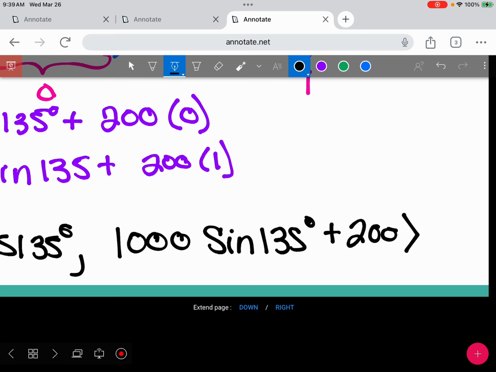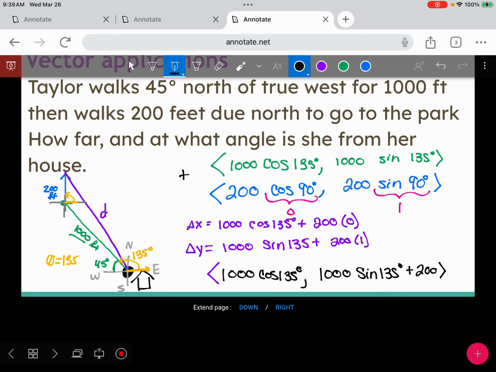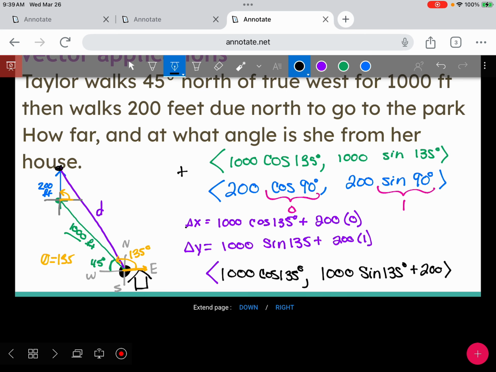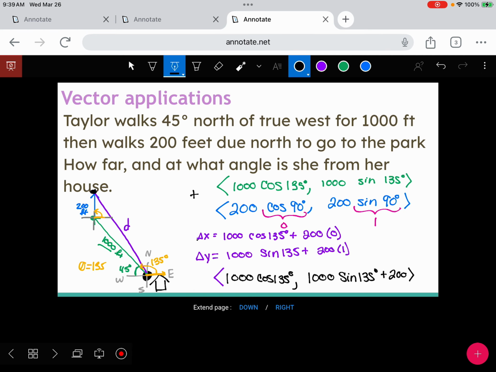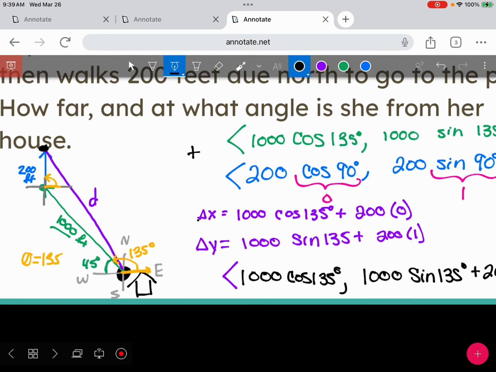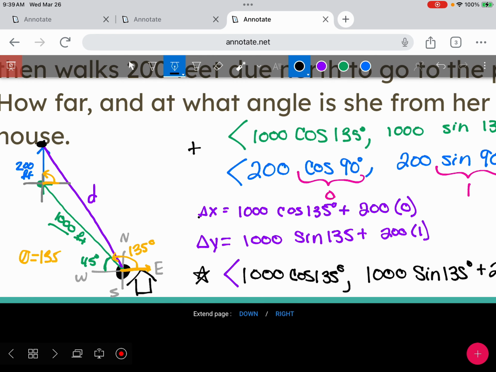That gives us that point for D. This tells us where this is relative to the house, to the origin. So this is our component form of going directly from the house to this point.